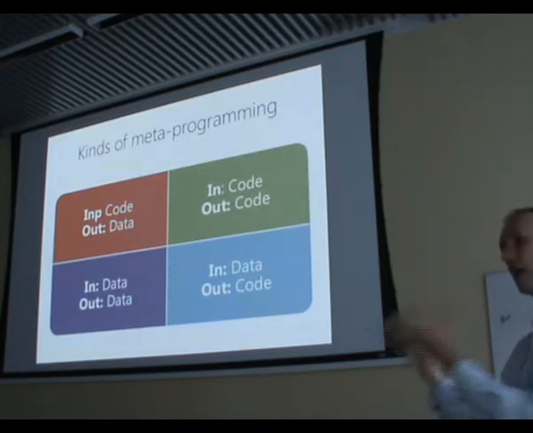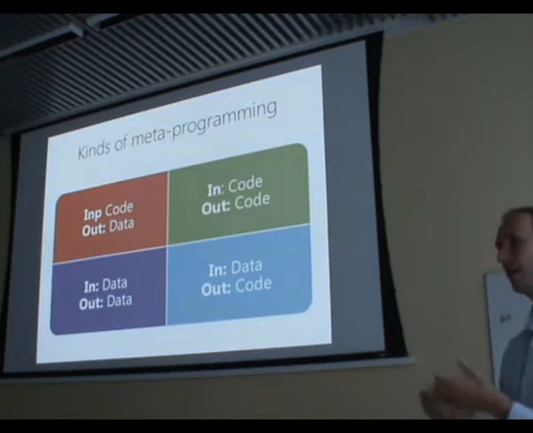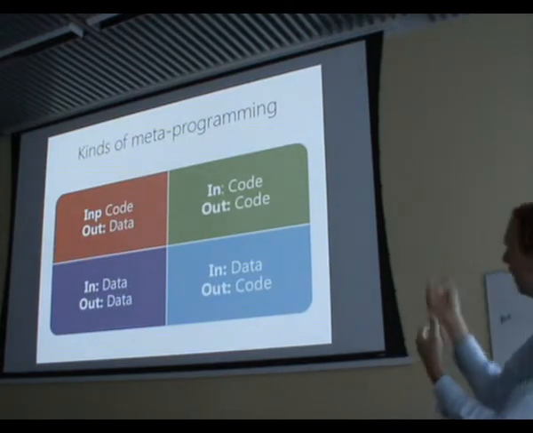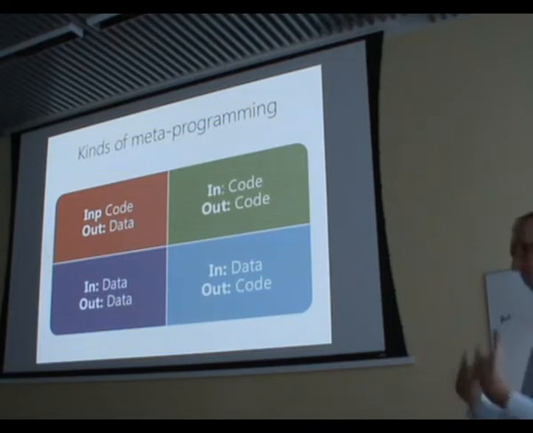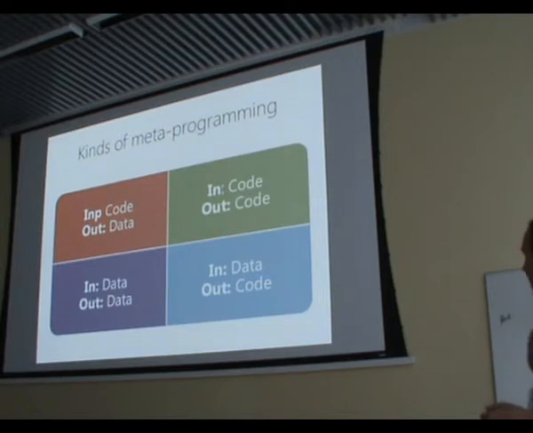So you can look at the program, do some metaprogramming, and then produce data from looking at your code. The green bit is when you take some source code and produce some more, different code, that's going to be compiled as part of your program. The blue bit is when you have some input data, like an external data source, and you produce some code for programming against that data source.